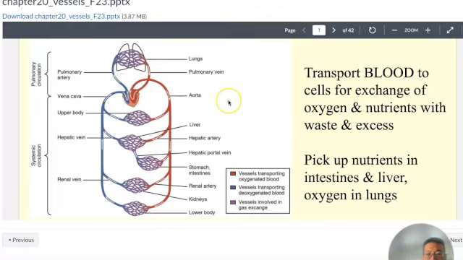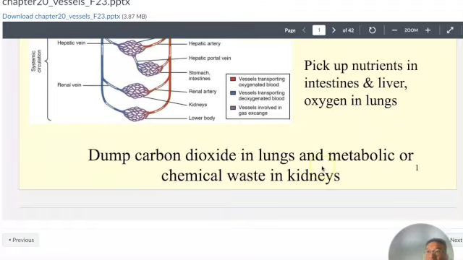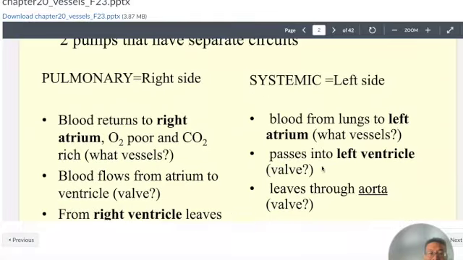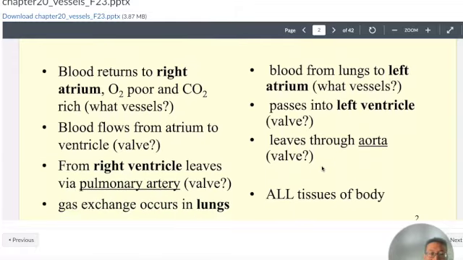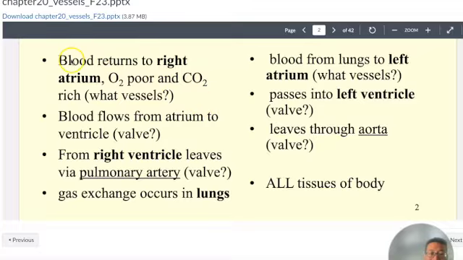You recall that there are two systems, the pulmonary system and the systemic system. Pulmonary goes to the lungs, and the systemic system goes to the rest of the body. So remember this, how the heart is, the blood returns to the right atrium, oxygen is poor, but carbon dioxide is rich.